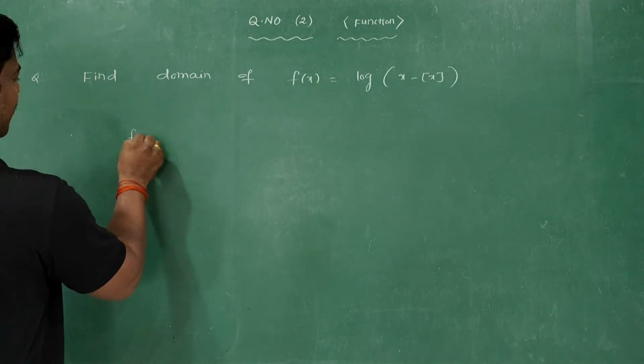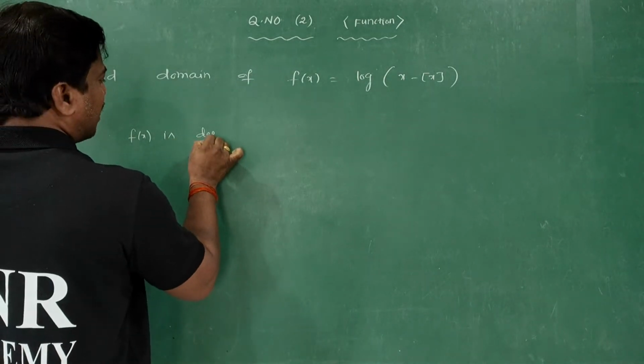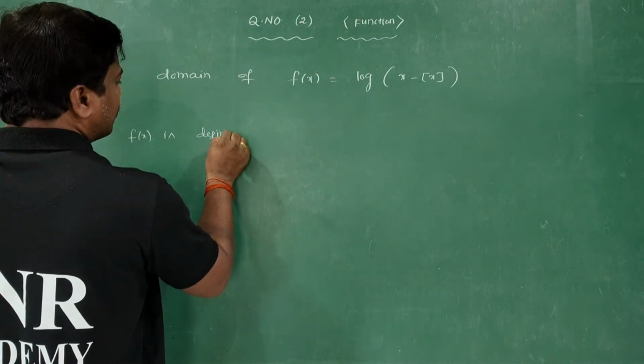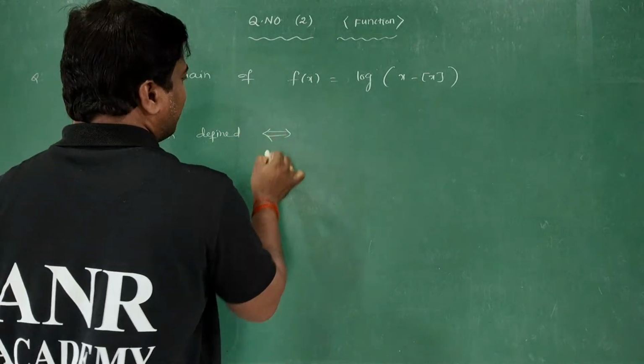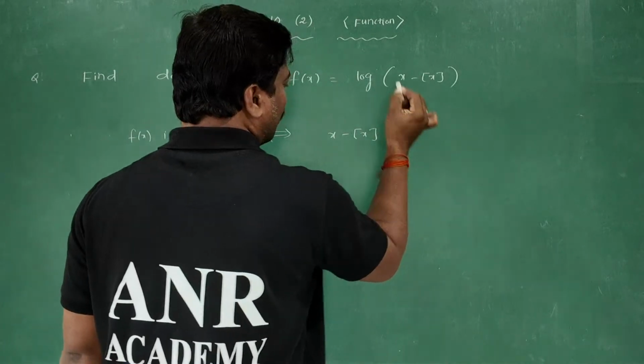Here the function f of x is a logarithmic function, right? So it is defined if and only if the input x minus step x is always more than 0.